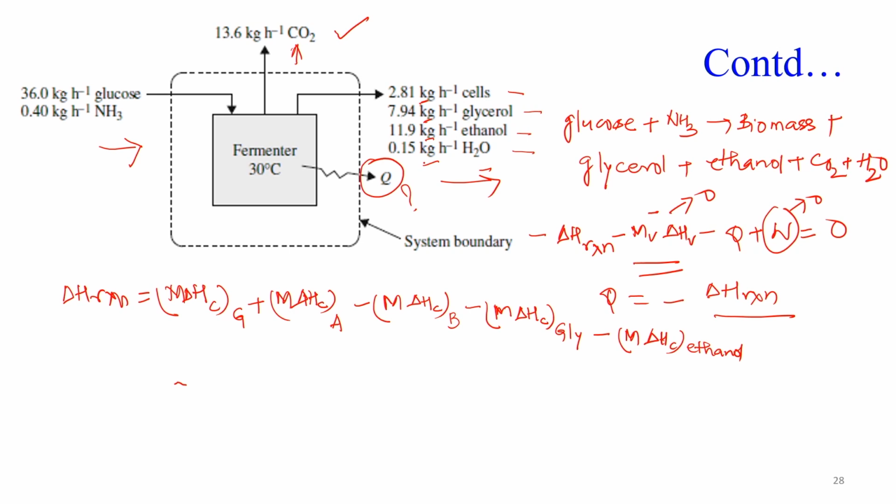So, we can divide by the respective molecular weight, and once we apply mass times heat of combustion of glucose, what is the mass of glucose? 36.